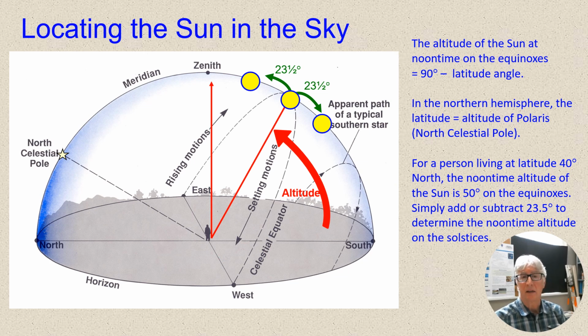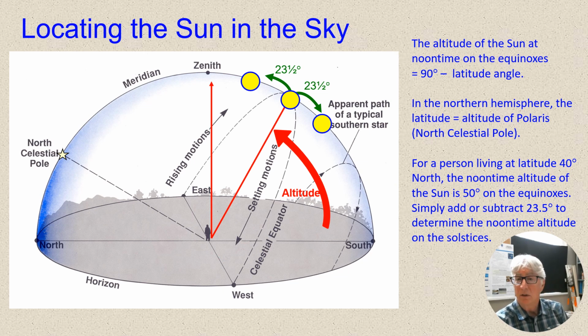Another example: if you're living at 30 degrees south latitude, the noontime altitude of the sun on the date of an equinox is 90 minus a negative 30, since southern latitudes are negative, which becomes 120 degrees.